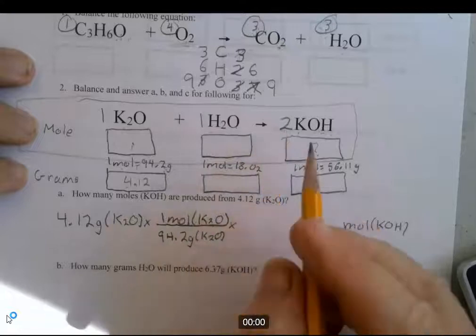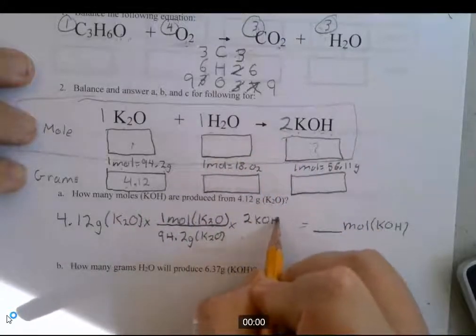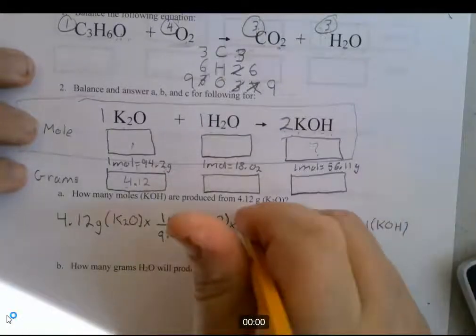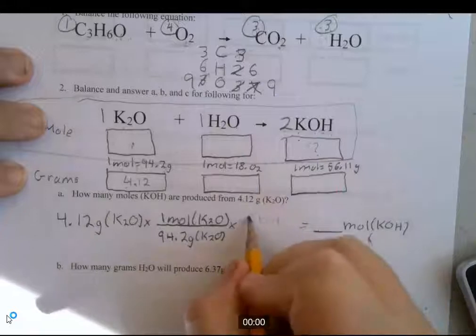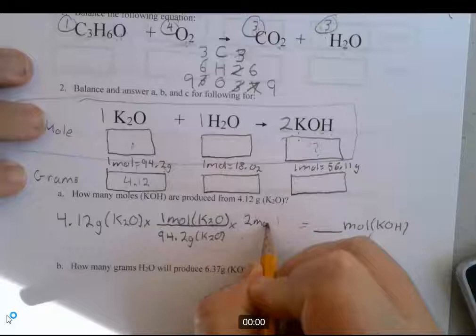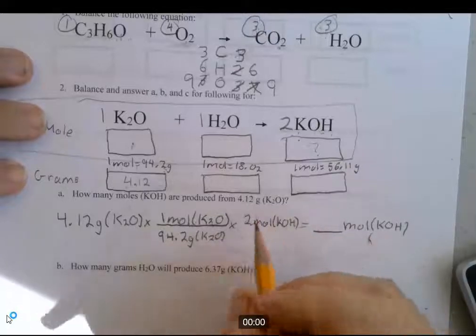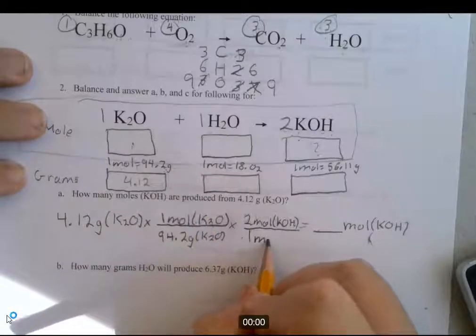So we have 2 moles of KOH on the top. It should be moles of KOH. That I didn't do on purpose. Okay, and on the bottom I need moles of K2O. There's 1 of those.